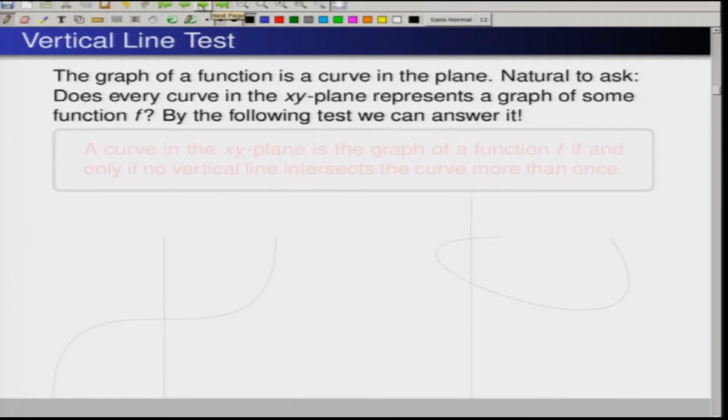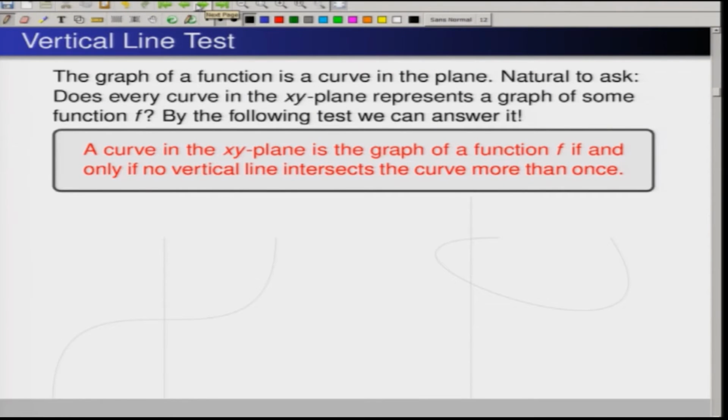This test simply says, look at the function. For every x in the domain there is one element corresponding to it, but one x cannot correspond to two values; f of x cannot be y 1 and simultaneously y 2.